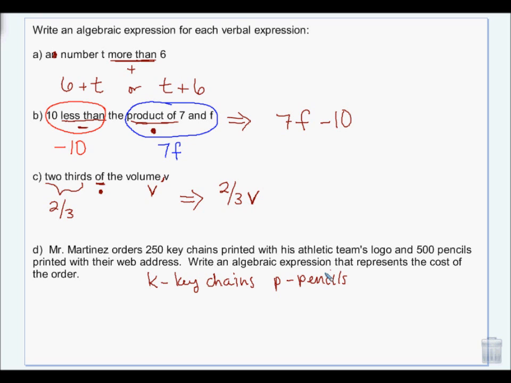Just use whatever seems to make sense to you. If I'm ordering 250 keychains and I want to know how much that costs, I would multiply 250 times the cost of the keychains. And I'm ordering 500 pencils. So this would be my algebraic expression. I have 250 Ks and 500 Ps.